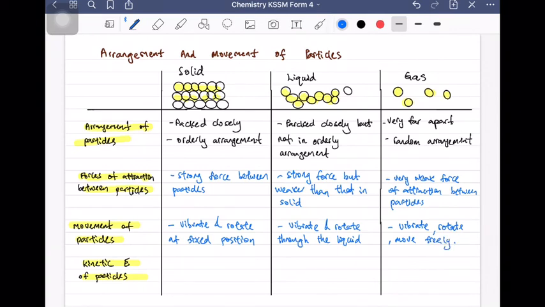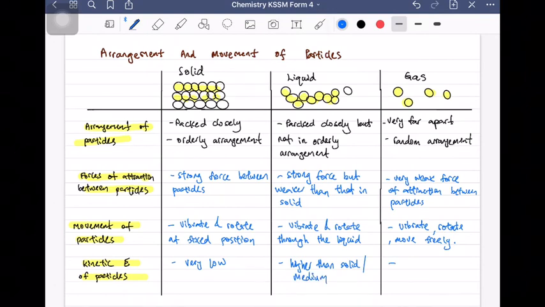Alright? And the fourth thing is the kinetic energy of particle. In solid, the kinetic energy of the particle is actually very low. And in liquid, the kinetic energy is higher than solid, or you can say there's a medium.